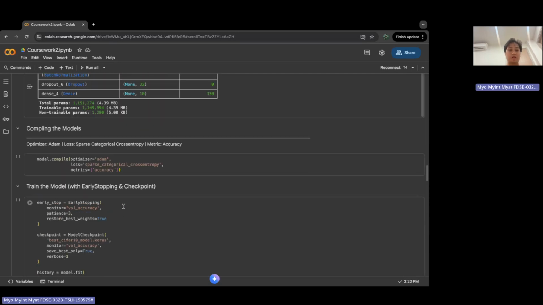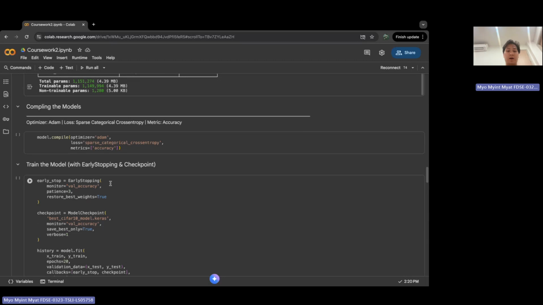After that, I compiled the model using the Adam optimizer, which adapts the learning rate during training and generally performs better than standard gradient descent. The loss function is sparse categorical cross-entropy, which is suitable for multi-class classification with integer labels.